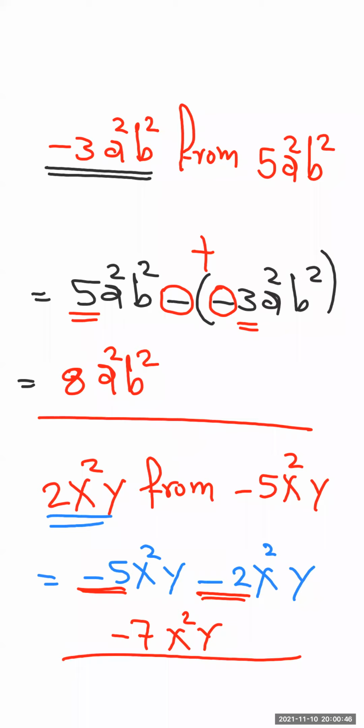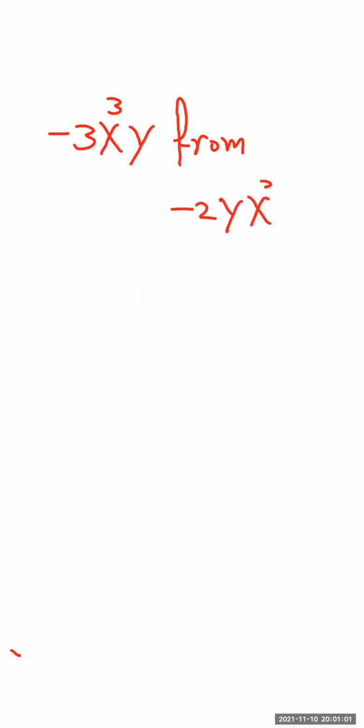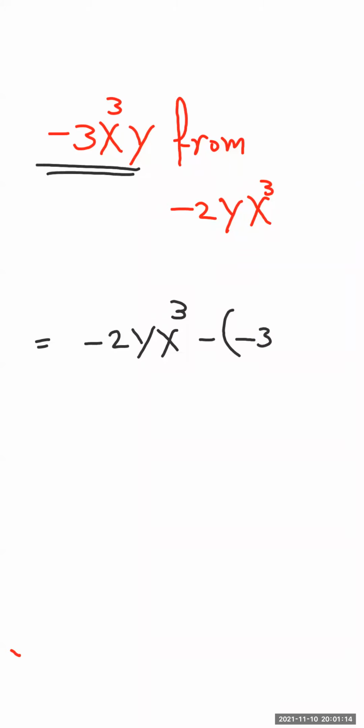Okay. One more question. Negative 3x to the power 3y from negative 2yx to the power 3. The same procedures. Second minus first. Negative 2yx to the power 3 minus this one, which is negative 3x to the power 3y.